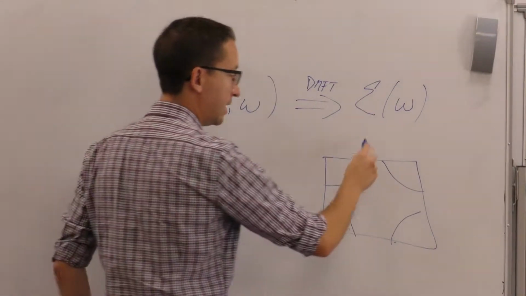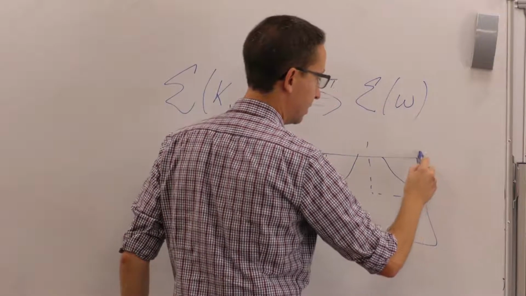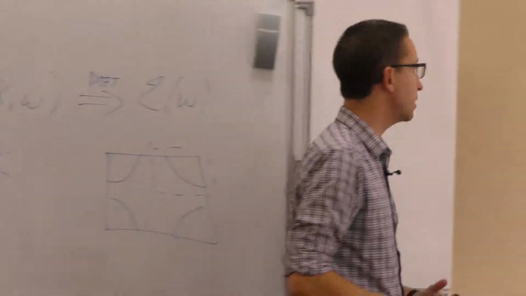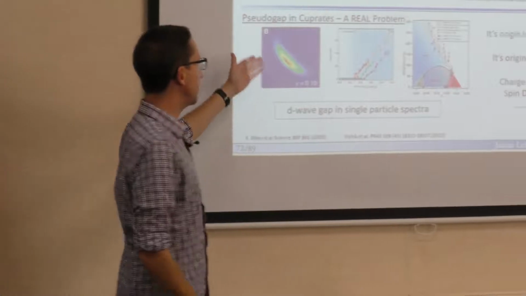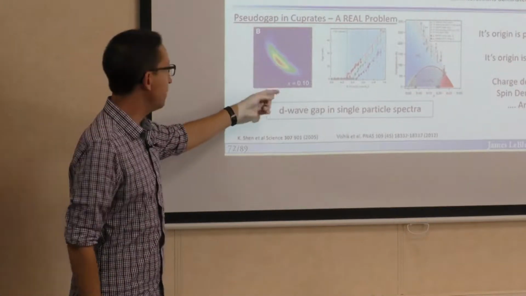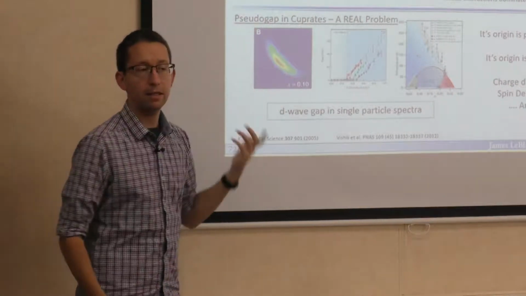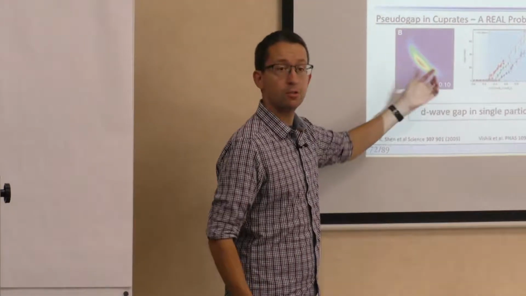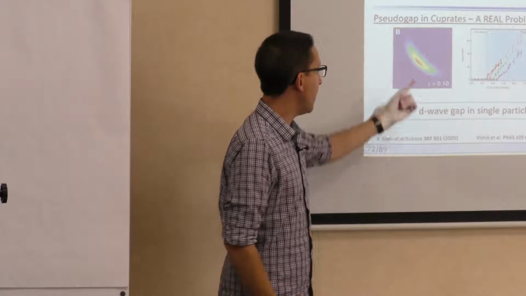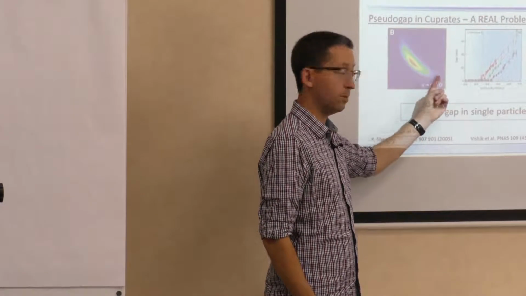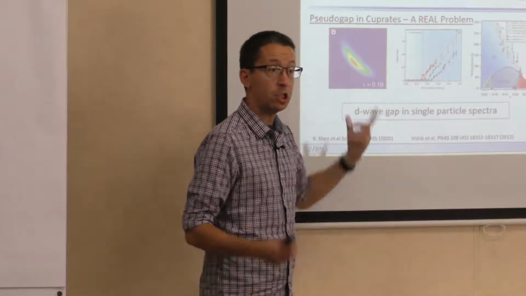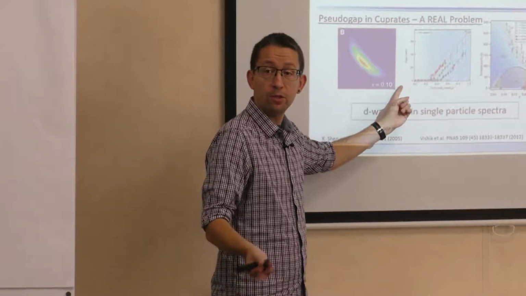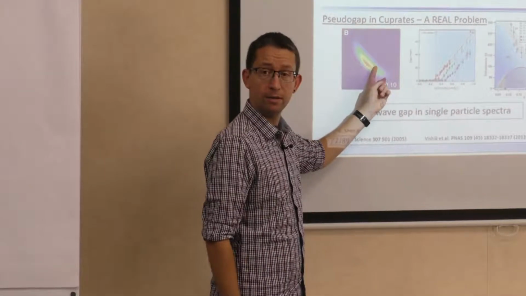When they look just at this region, and they do this with angle resolved photoemission spectroscopy, they get something that looks like this. They find that there's an arc that they sometimes call a Fermi arc, where there are finite numbers of states shown by the colors. And they find in what they call the antinodal region that there is essentially no states there. So in this region, there's no states at the Fermi level, but over here there are.